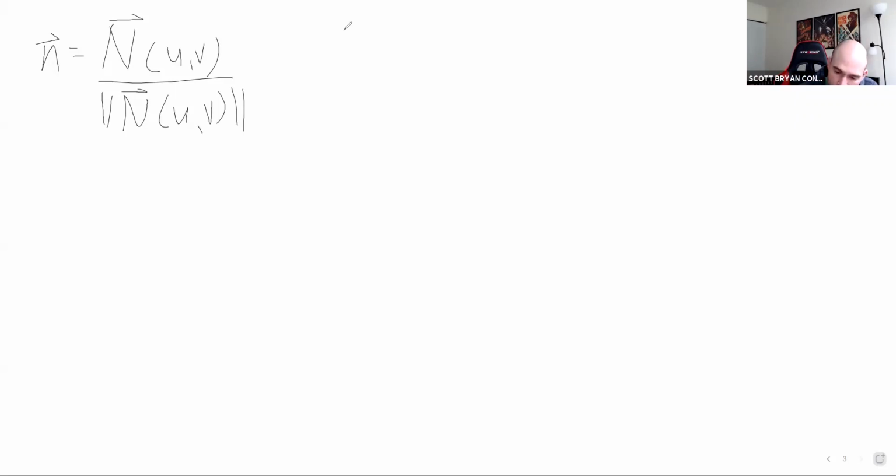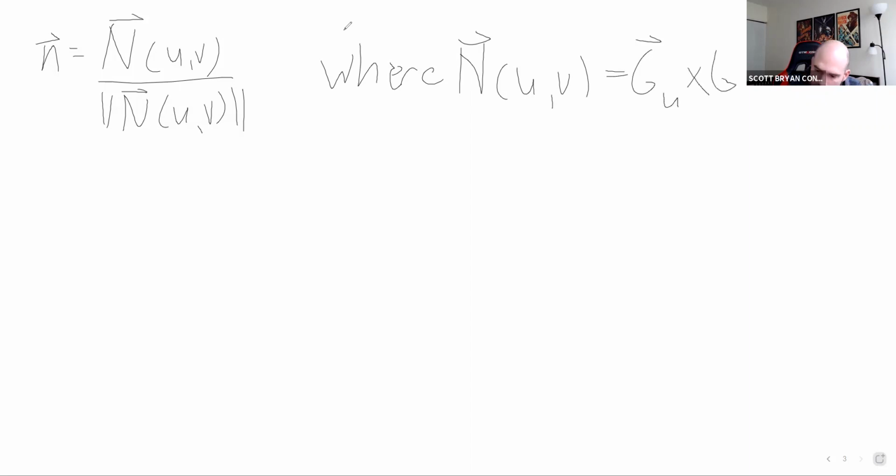And so capital N is going to be the cross product. Remember, if we parameterize our surface by g of uv, it's going to be the cross product of g sub u cross g sub v, or g sub v cross g sub u, depending on orientation.